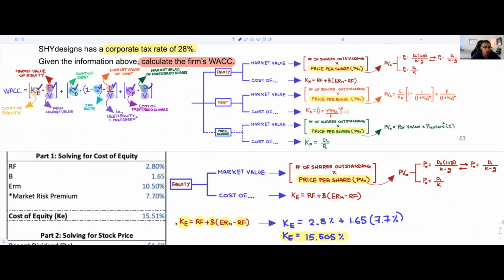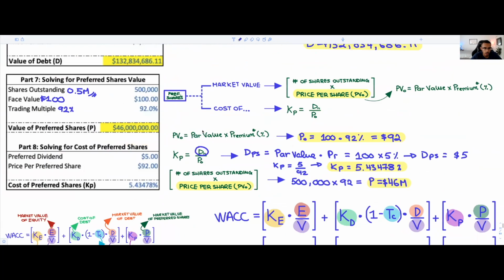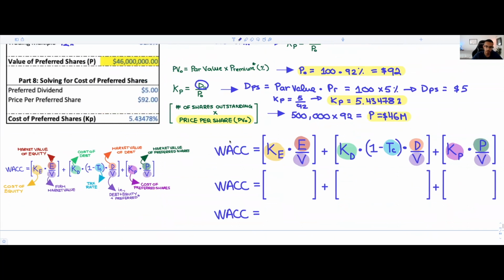The value of the firm, to make it super clear, is simply equal to E plus D plus P. So let's highlight what the value of the firm is right now. I'm going to write it right here, and we'll zoom in a little bit.